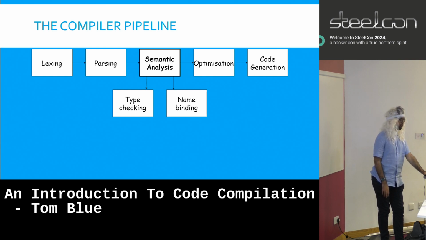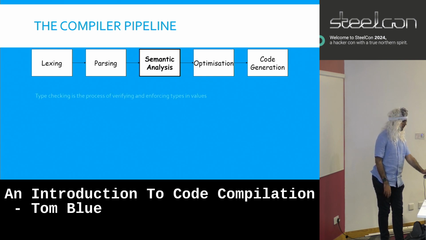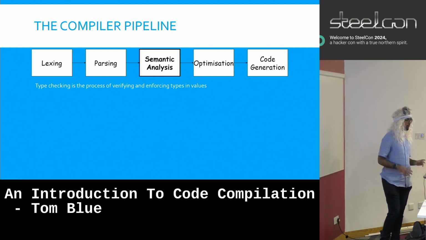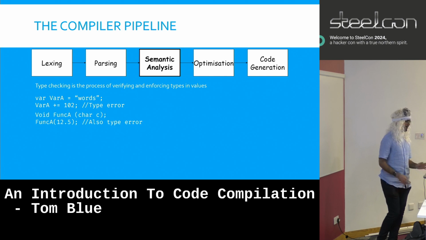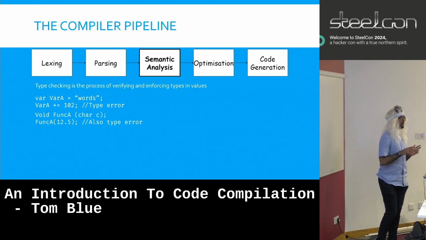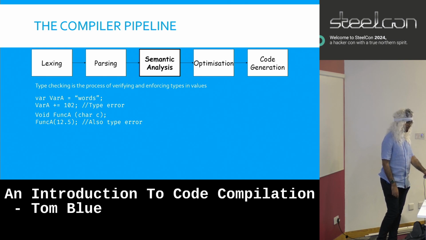Type checking is the process of enforcing types within values. So if you have var a equals words and you try adding an integer to it, that's going to result in a type error because it doesn't make sense to add an integer to a string. Similarly, if you're passing a value into a function, it's going to make sure that the value you're passing in is the right type, or else it will cause another type error.